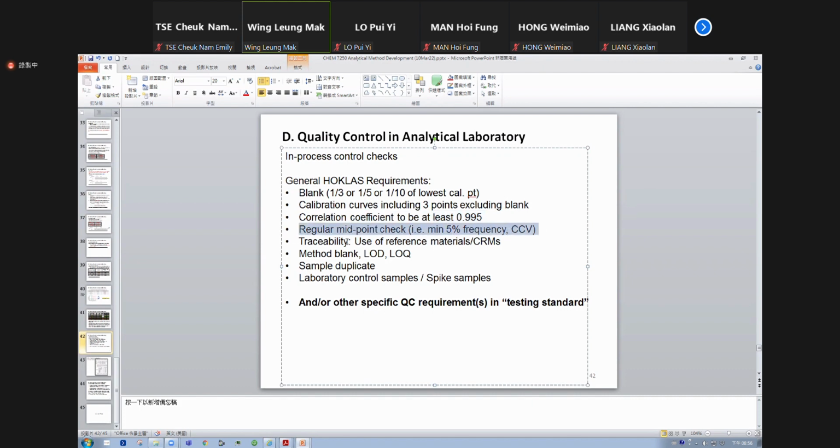CCV, need to check. Traceability, use the CRM or the LCS. Method blank, duplicate, spike. Those are the in-process QC controls required by HOKLAS. Okay, that gives you the summary here.